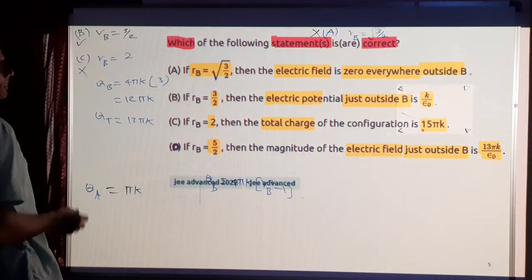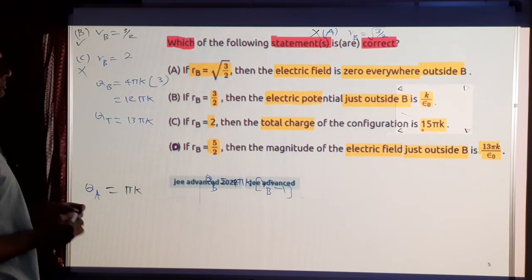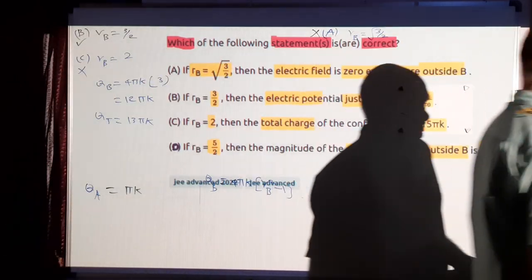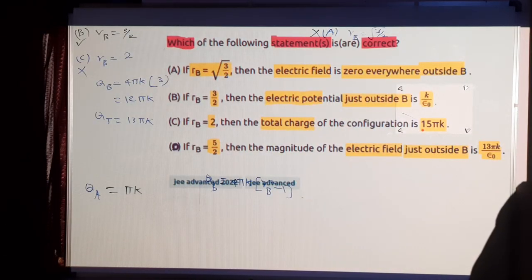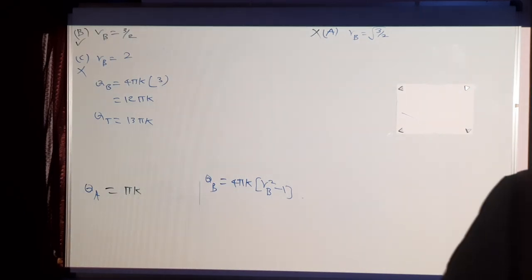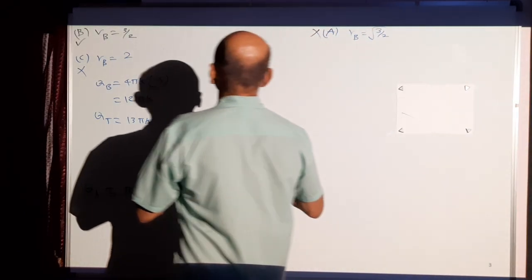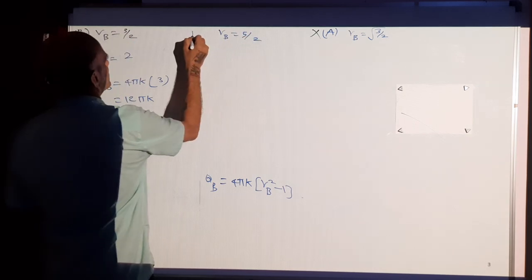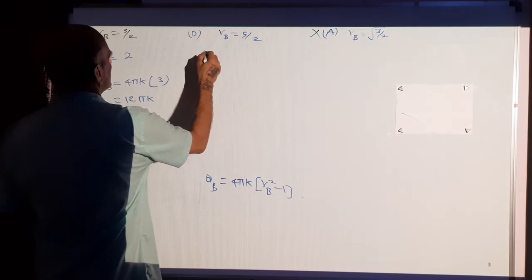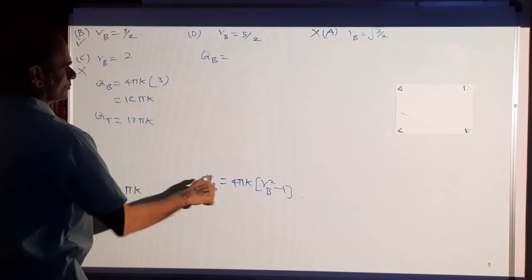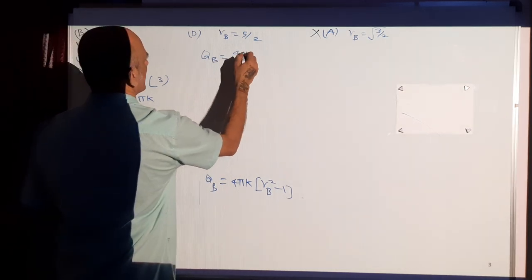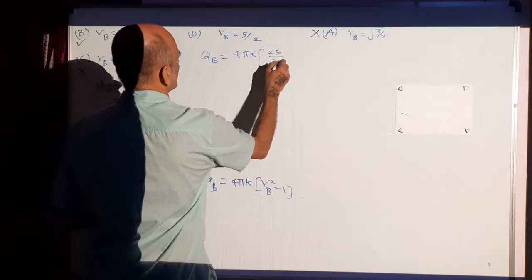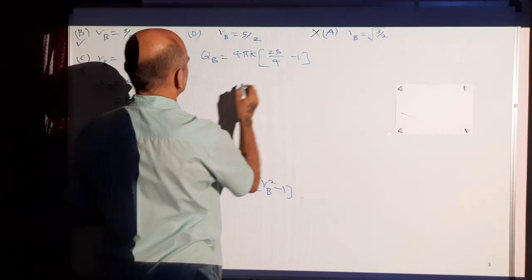Option C is false. Option D, RB equal to 5 by 2. Then find the magnitude of electric field just outside B. RB is 5 by 2 for option D. So here QB is 4 pi k into RB square, which is 25 by 4, minus 1.